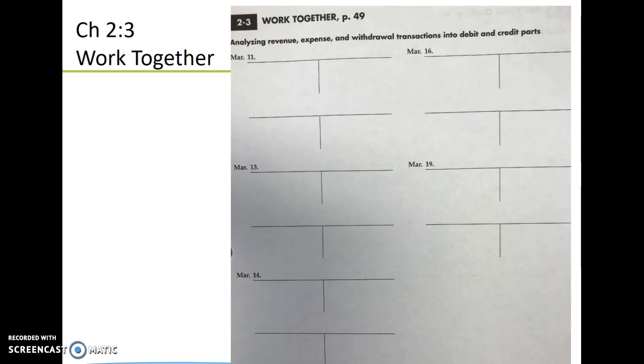So on March 11th, you sold services on account to Jones Erickson for $125. So what 2 accounts are affected? It should be your accounts receivable and your sales. Next, you have to say how much they are going to be affected and how each account is classified.